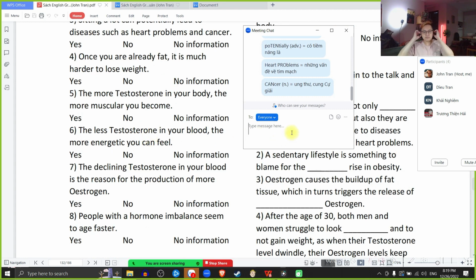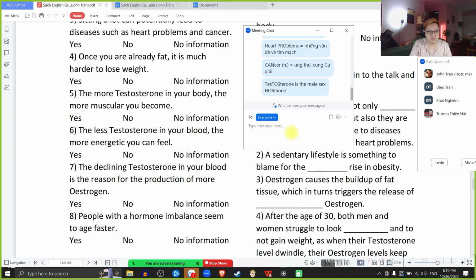Number five, the more testosterone in your body, the more muscular you become. You know what testosterone is? Testosterone is the male sex hormone. Đó là hormone sinh dục nam, testosterone.